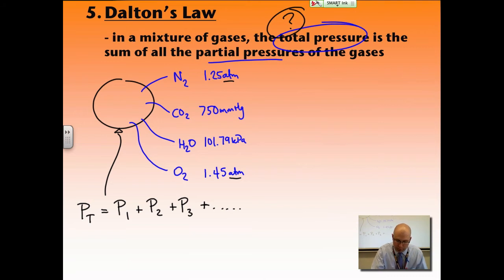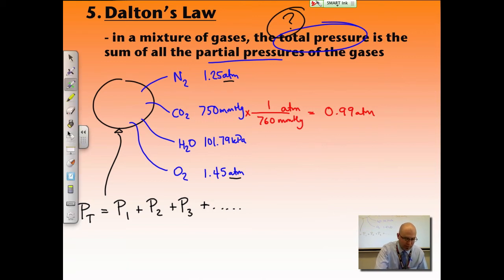So I'm a big fan of the X line, mmHg to atmospheres, 760. So I'm going to take my 750, divide by 760, 0.99 atmospheres. And how about this next one? Can you see that green?